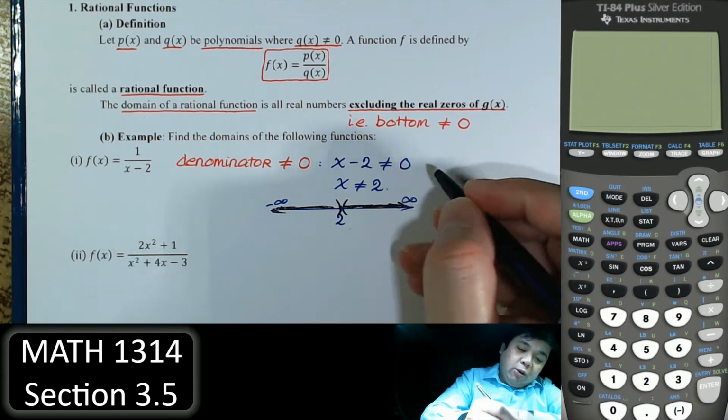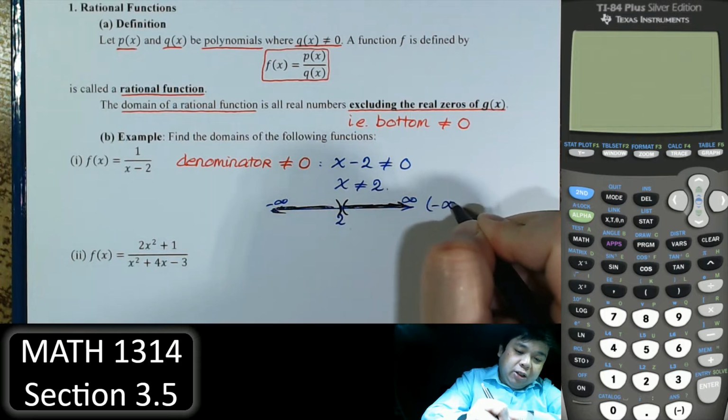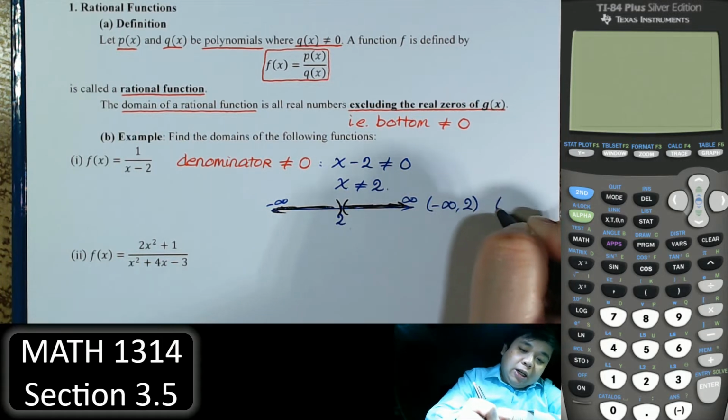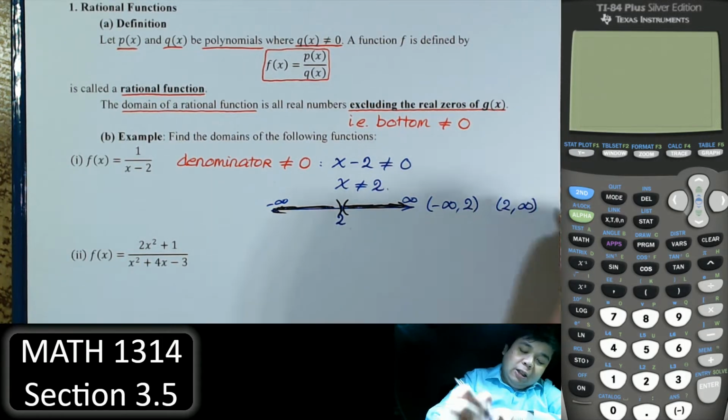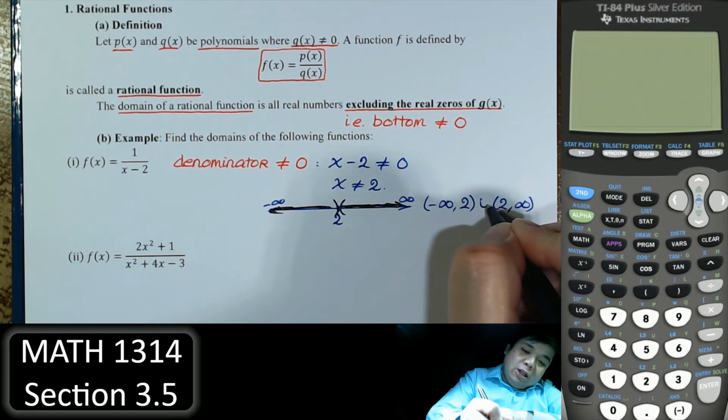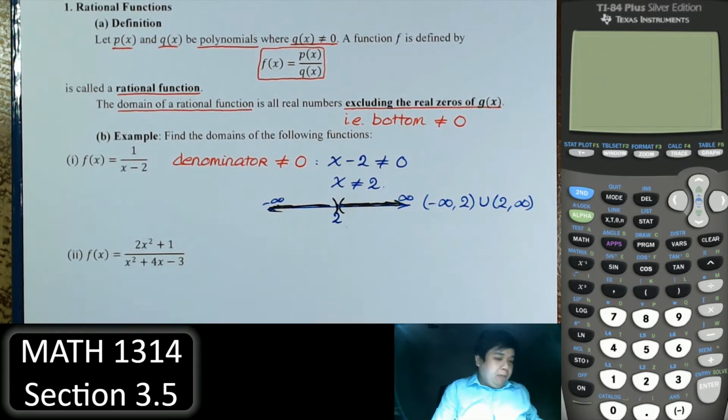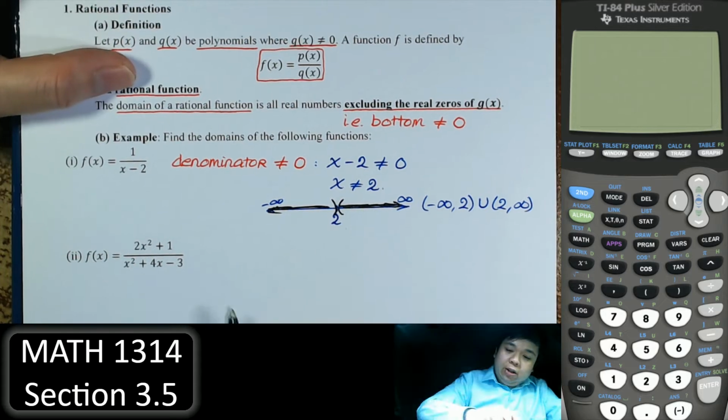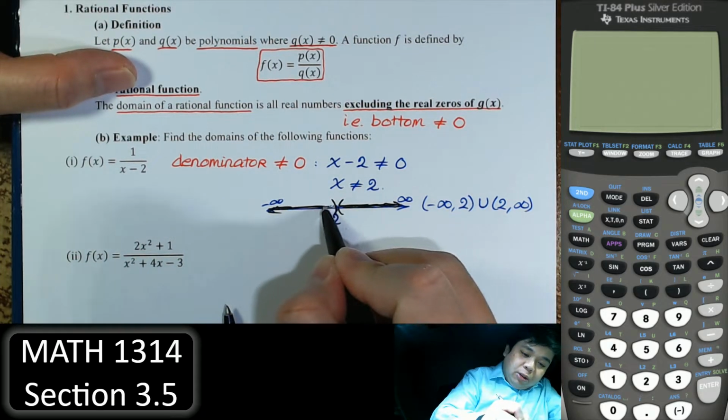So in interval notation, we will write negative infinity to 2, then 2 to infinity, and then there's a union of those two intervals. Right. So everything but 2.